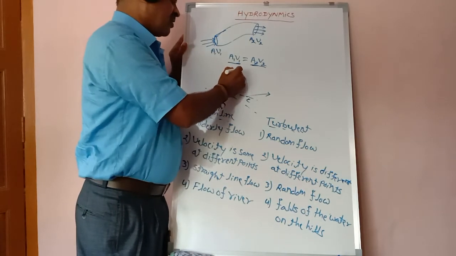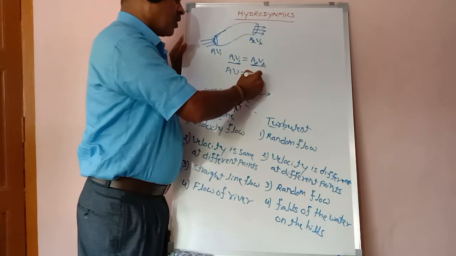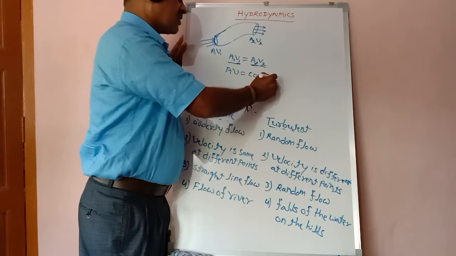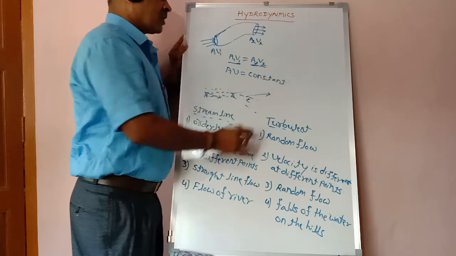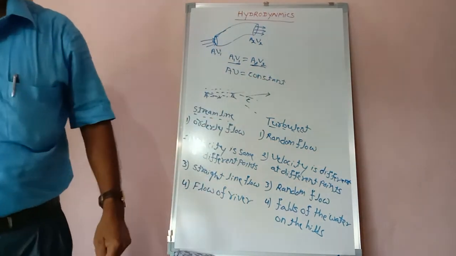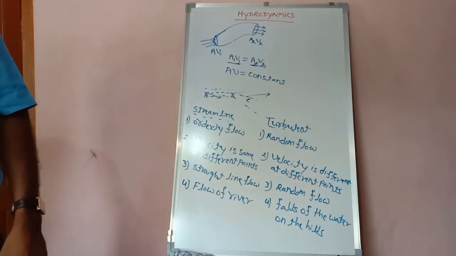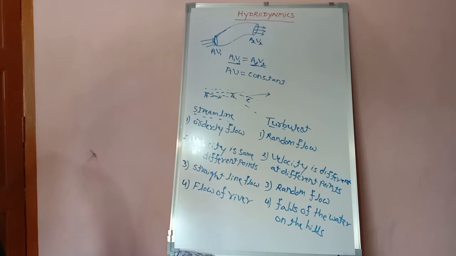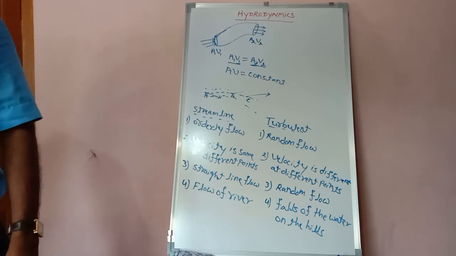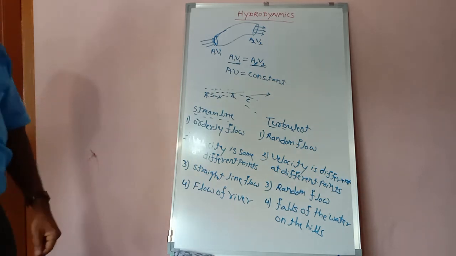Therefore A into V is equal to a constant. So this is the equation of continuity.